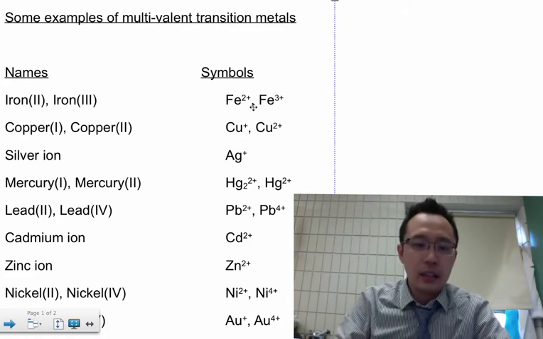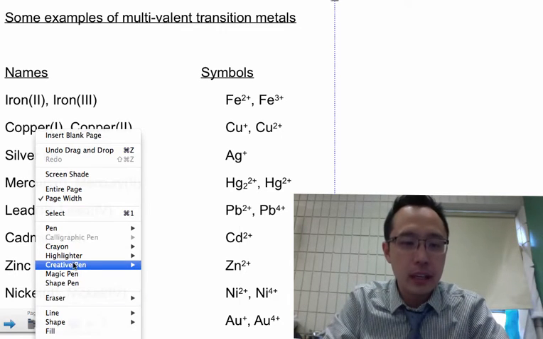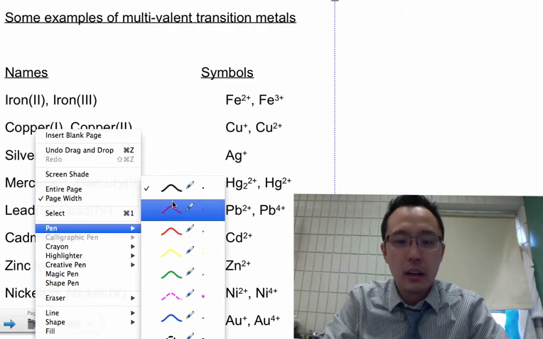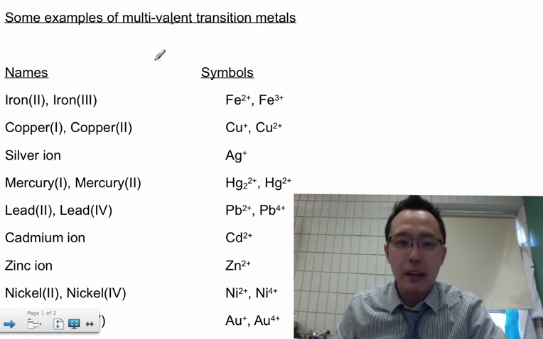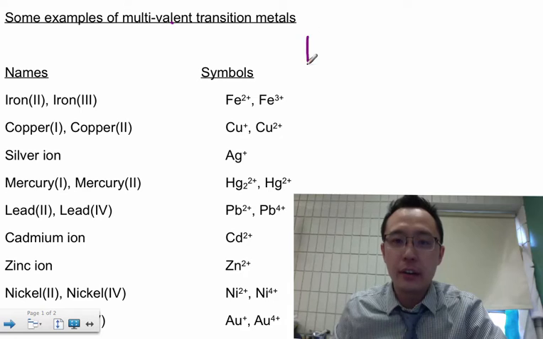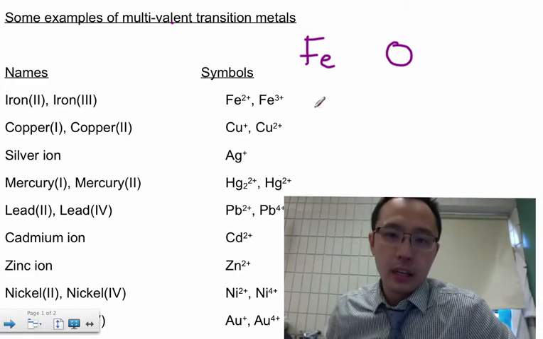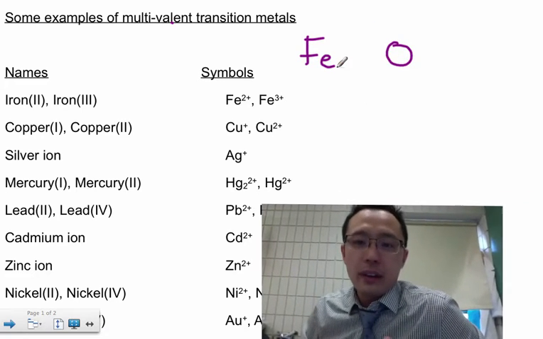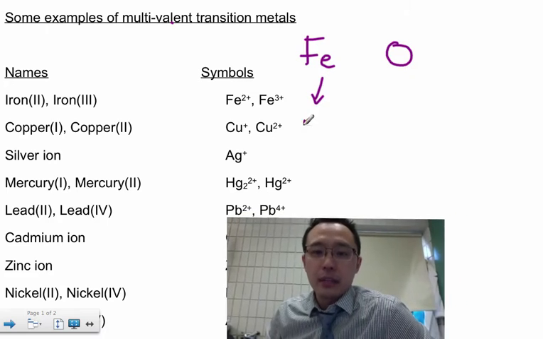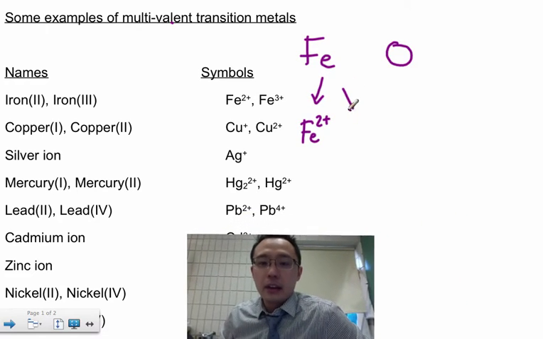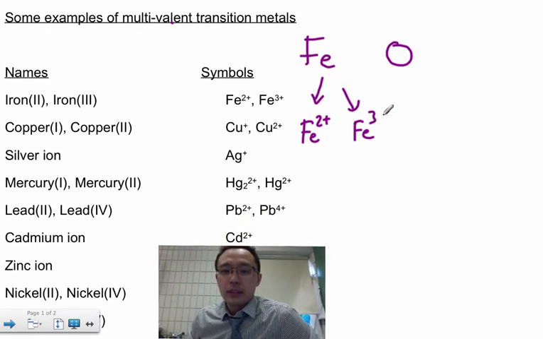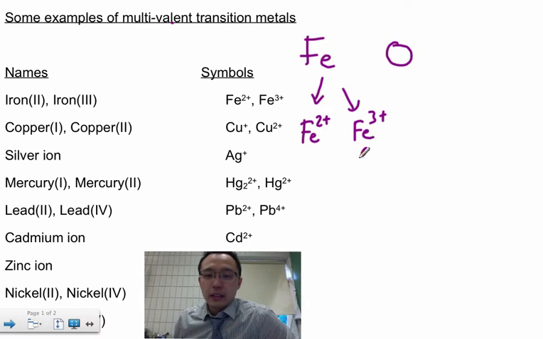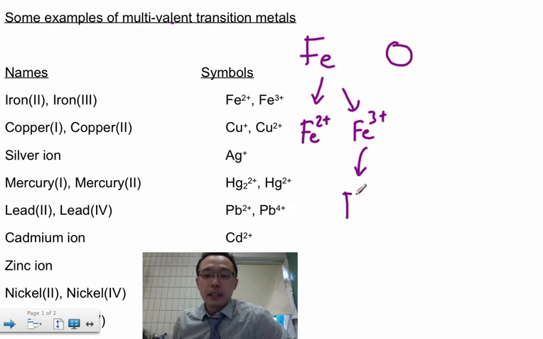So how do we go and name these? It's actually pretty straightforward. Say we have iron, Fe, and oxygen, and we need to form a compound. We know there are 2 options right now: iron can be 2 plus and iron can be 3 plus. So let's combine using the iron 3 plus with oxygen.